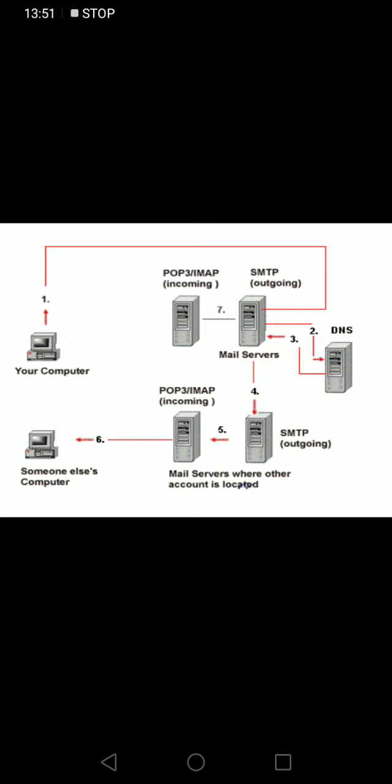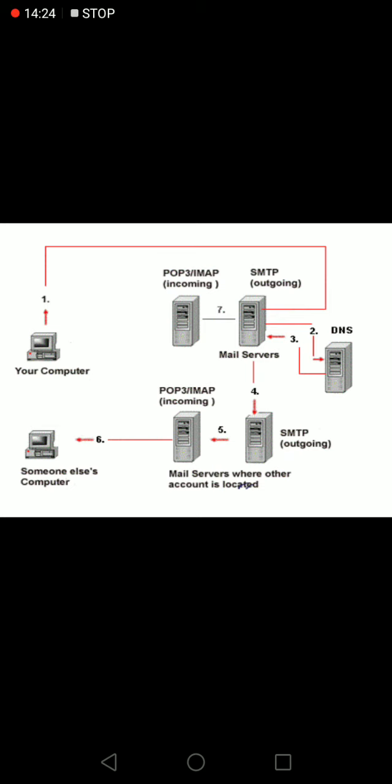The next step is to look up the DNS. With the help of DNS, we identify the receiver's IP address. The system sends a request to find out the corresponding MTA of the recipient, that is mail transfer agent. This is done with the help of MX records. MX record is mail exchanger record.